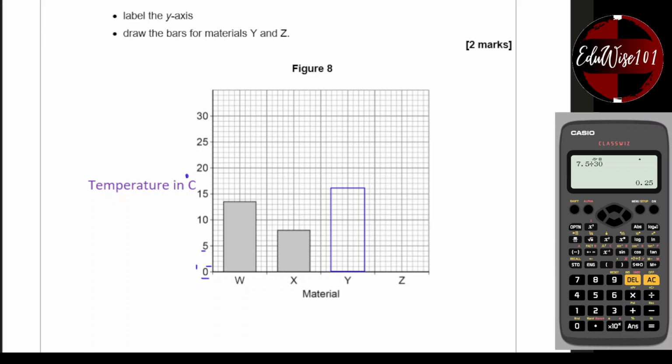And Z was 12. So 1 mark for labeling the y-axis and 1 mark for drawing the bars correctly.